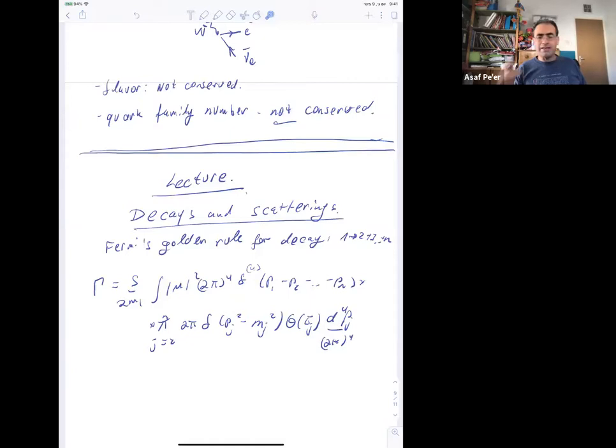Again, I'm hesitating whether I should give you the derivation of Fermi's golden rule, because you learn it in the non-relativistic version in the quantum mechanics course, and in the relativistic version in quantum field theory. The non-relativistic one is fairly straightforward. I told it to you in the tutorial. You start with an initial state psi i and end up with a final state psi f, which is different from psi i.